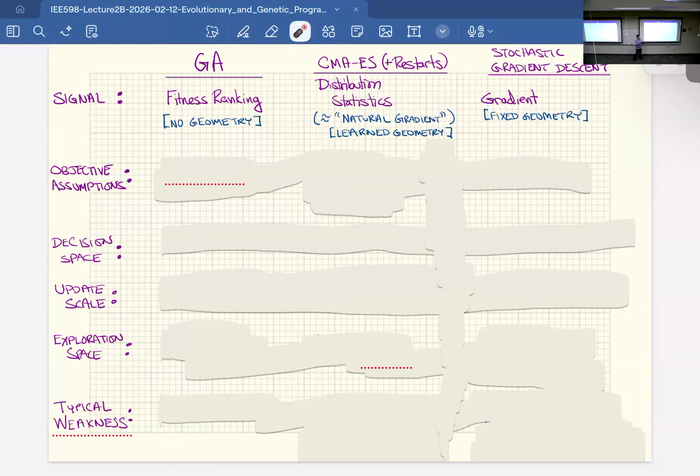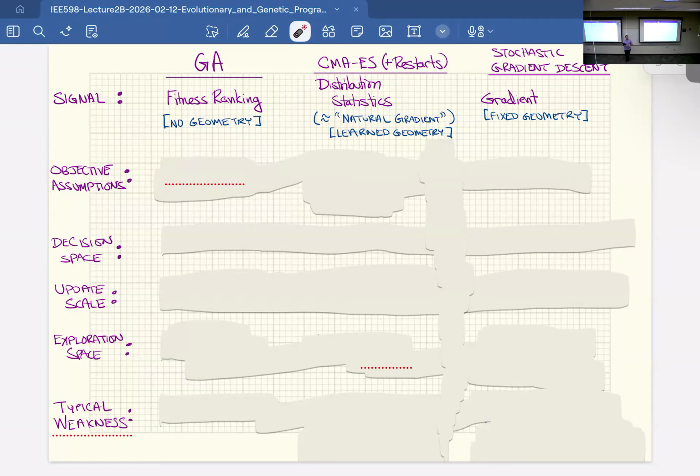In contrast, covariance matrix adaptation evolution strategies, or just evolution strategy, is focused more on the distribution statistics. So here you're actually looking at, based on my past successes and failures, am I learning something about the information geometry of the fitness function? So I'm not just focused on what's good right now, but I'm focused on when I was over here, the fitness was a little lower.